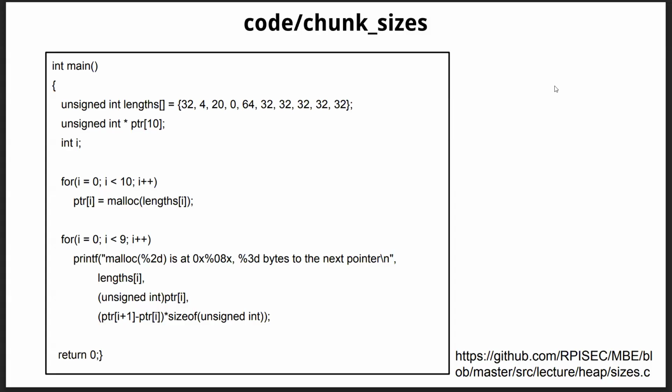Each of them is 8 bytes, right? So that will be 16 bytes. So metadata and what we ask for could be 48 bytes. There could be some alignment to make it 64. That's possible, okay? But anyway, assume there's no alignment.